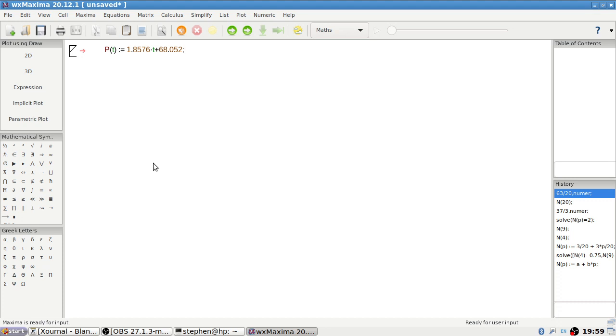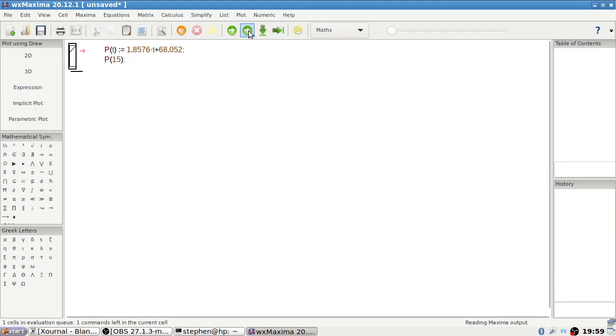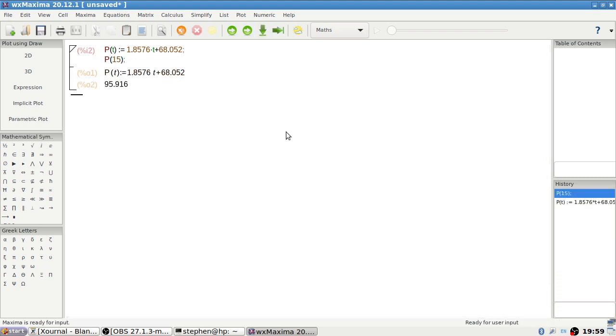Use the model to predict the percentage output in 2015. All right. 95.916%.